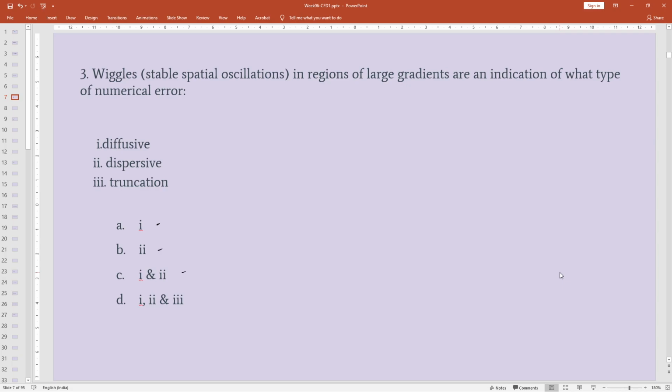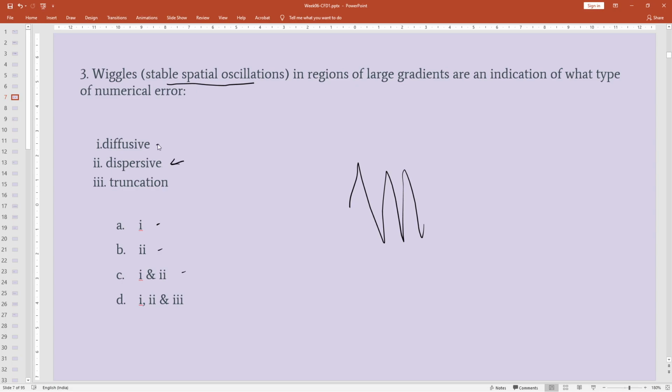The answer is option B, dispersive errors. The wiggles, which are stable spatial oscillations, go up and down in some fashion. Such oscillations are called wiggles, and they are mostly an indication of dispersive error only.